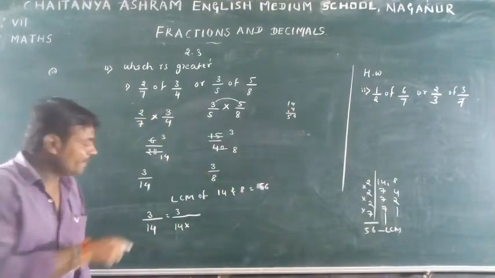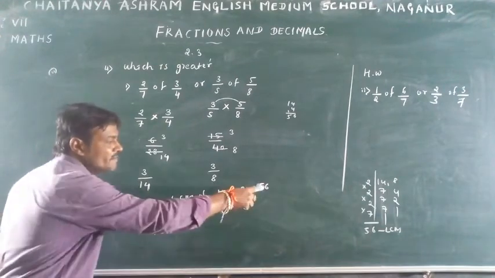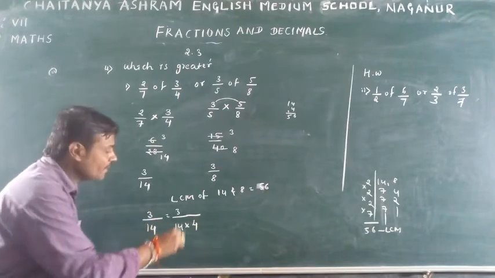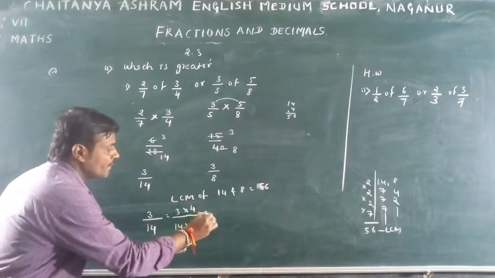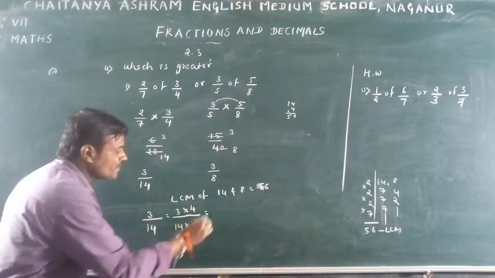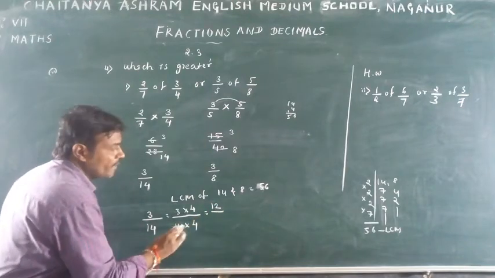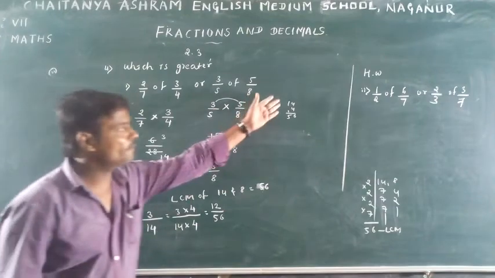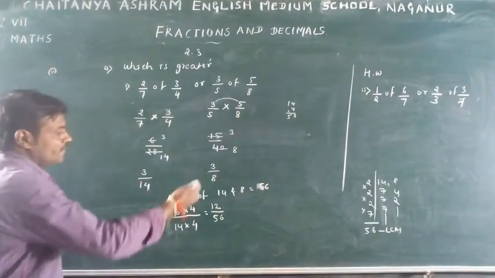So we multiply by 4, both denominator as well as numerator. Then 3 into 4 is 12, 14 into 4 is 56.